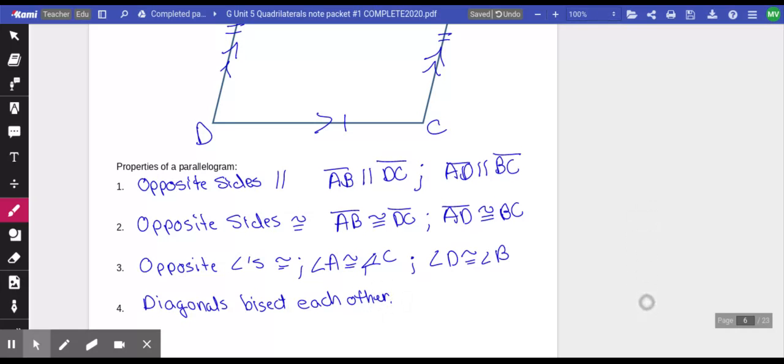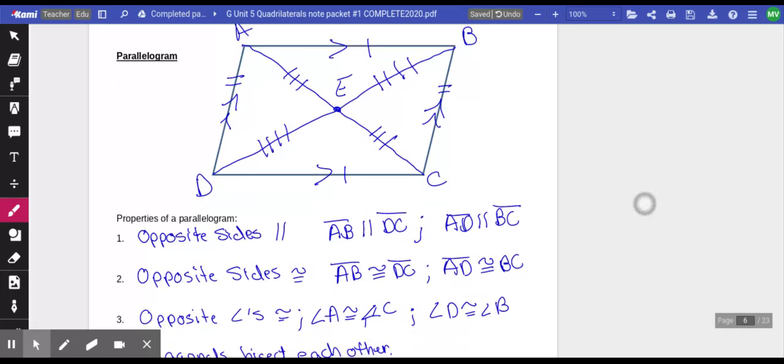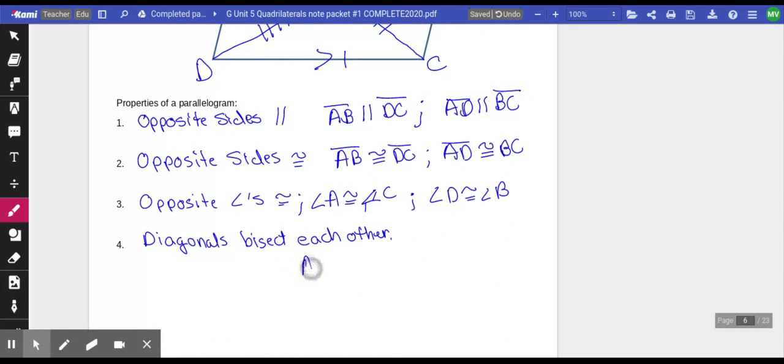So up here in my parallelogram, I'm going to draw my diagonals. So I have diagonal DB and diagonal AC, which I'm going to say intersect at E. So that means that AE is congruent to EC and DE is congruent to EB. Because bisect means cut into two equal parts. So AE is congruent to EC and DE is congruent to BE.